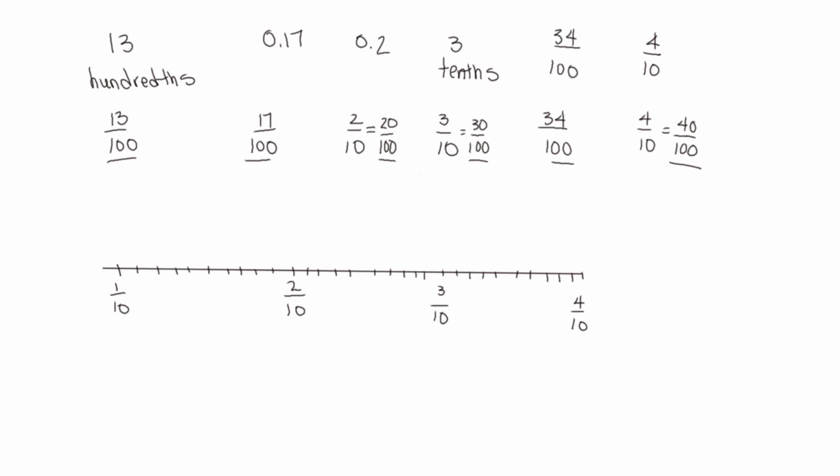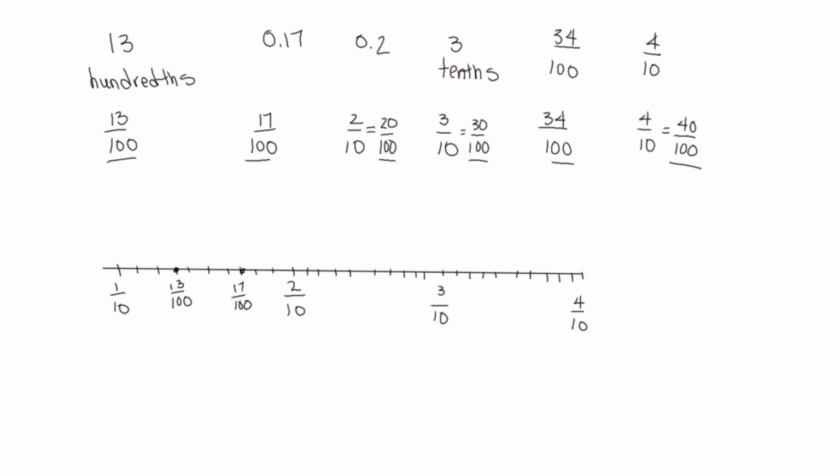So first of all, I'm going to plot them in their new unit form in hundredths. So 13 hundredths, we know that 1/10th is 10 hundredths, so 11, 12, 13 hundredths would be here. And then 17 hundredths would be 14, 15, 16, 17 hundredths.